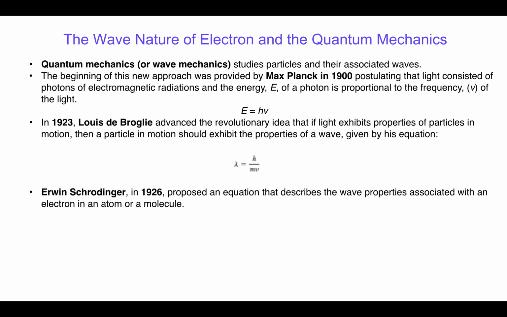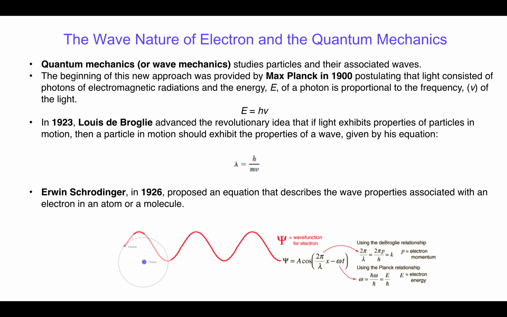After about 3 years, in 1926, Erwin Schrödinger proposed an equation that describes the wave properties associated with an electron inside an atom or a molecule. And these wave properties are explained by this equation that is called the Schrödinger wave equation.